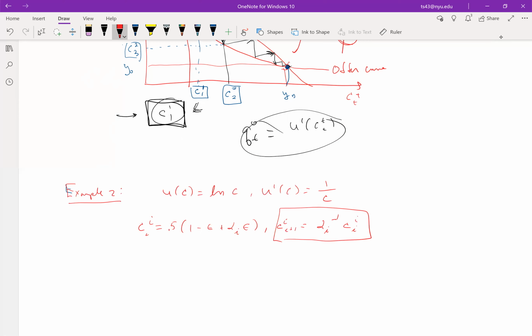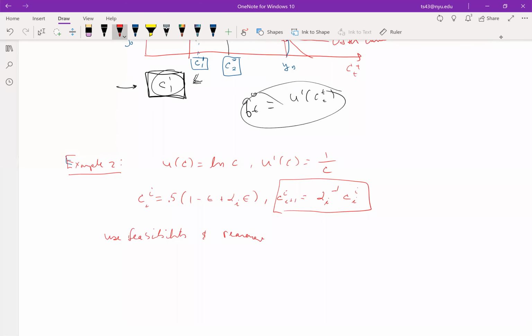So if we use feasibility and rearrange, we'll get this difference equation. It's a nonlinear difference equation, and this is true for i greater than or equal to 2.